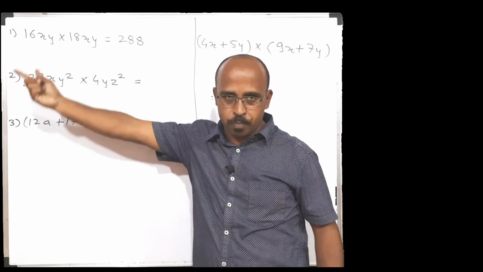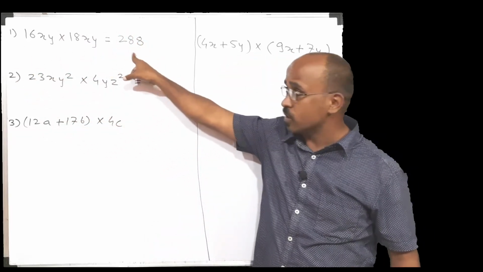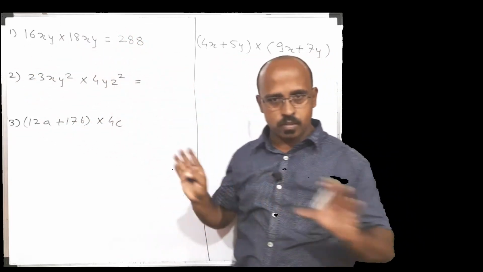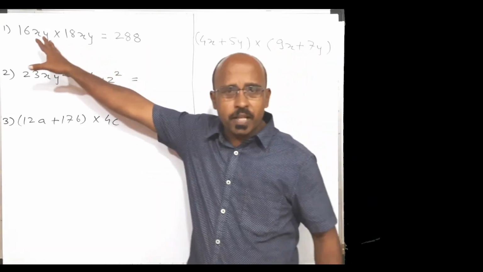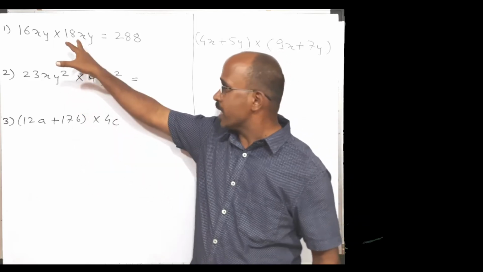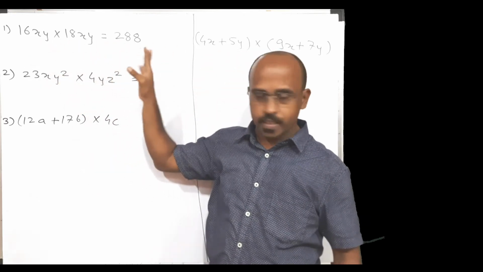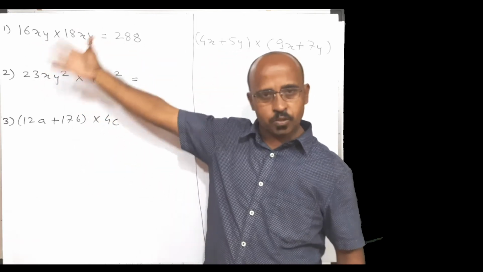Plus is the symbol in the case of multiplication, so the symbol of both is plus. Then the symbol of the answer is plus 288. Multiplication of coefficients is over. 18 into 16 is equal to plus 288.